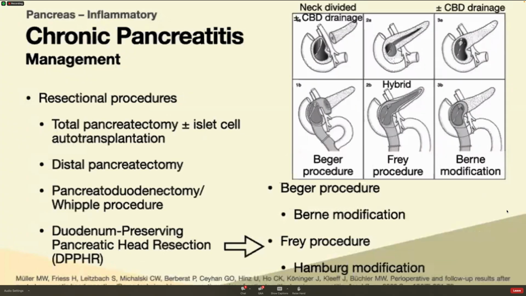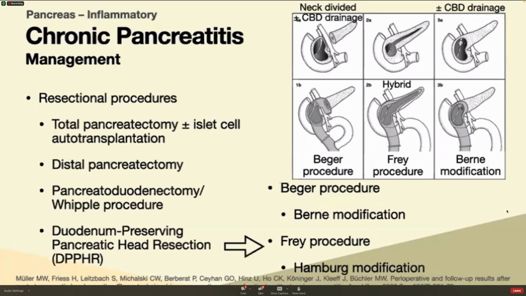We now go to the resectional options. One option is to do a total pancreatectomy with islet cell autotransplantation. Then if the problem is localized to the body and tail, distal pancreatectomy is an option. If it's localized at the head, these are the options.